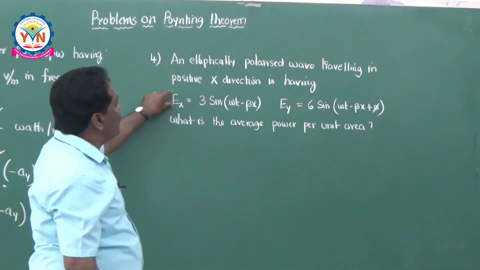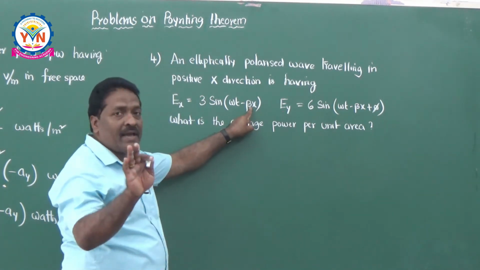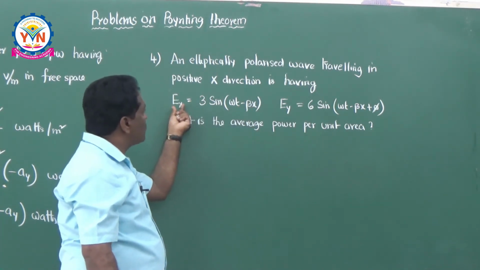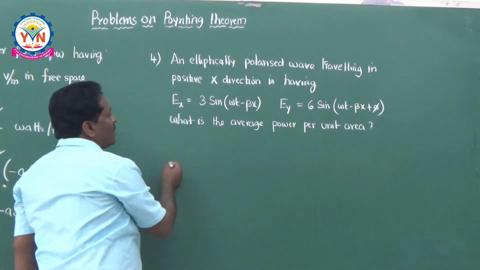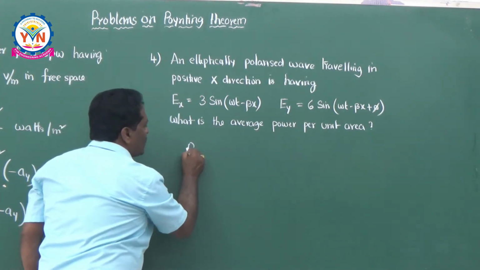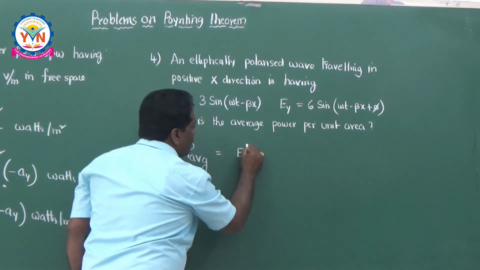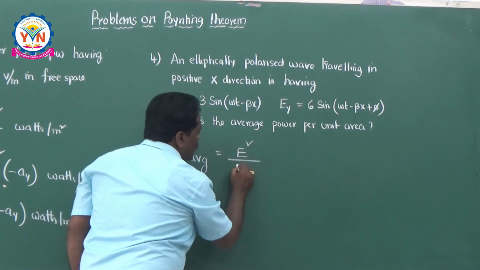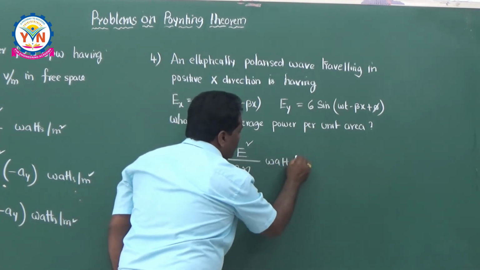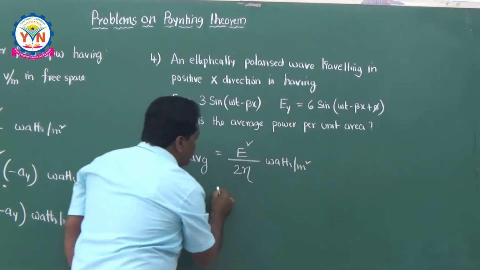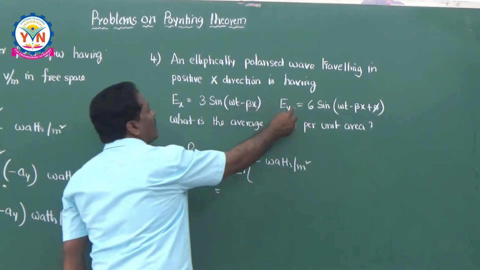So here it is telling the wave is propagating in x direction and it is having two components, Ex as well as Ey. So if you take like this, then P average is equal to E square by 2 eta watts per meter square. What is this E? E means you are having two components here, Ex as well as Ey component.